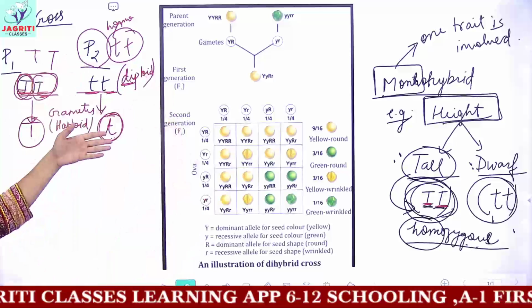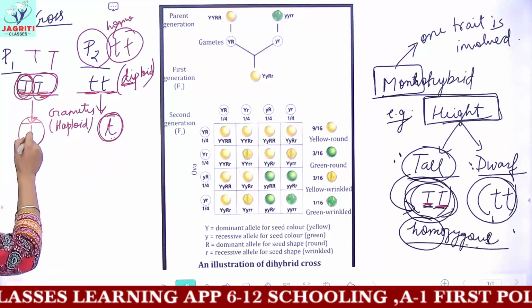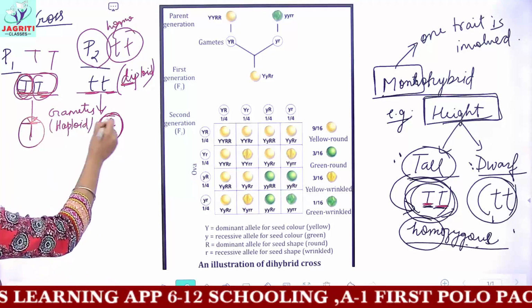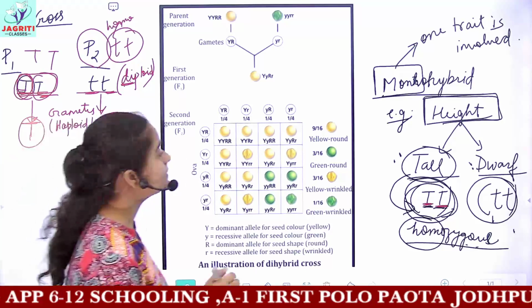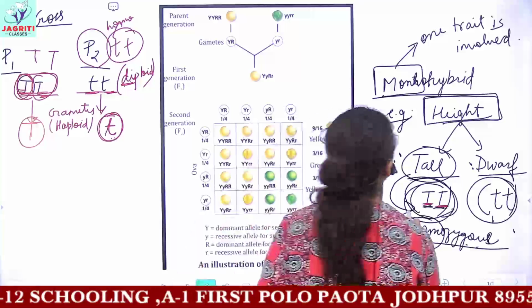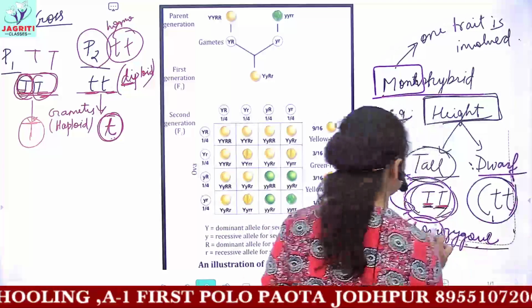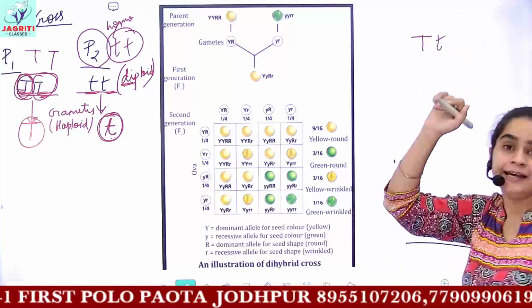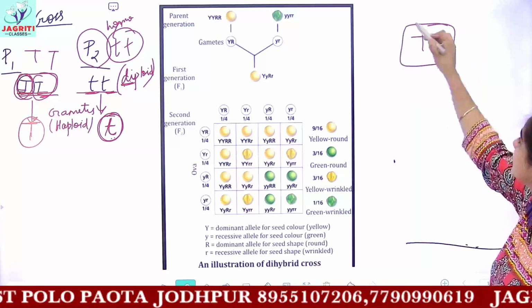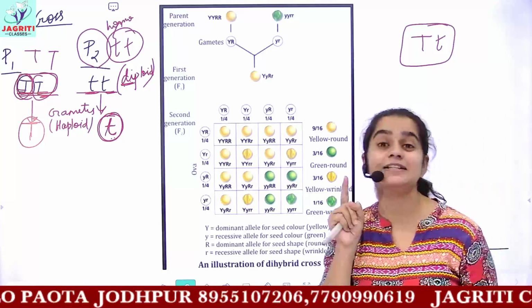And when the formation of gametes occurs, the gametes only receive one allele out of the two when these are homozygous. And if the alleles you have been provided are heterozygous, let's suppose you have a generation which contains the alleles capital T and small t.